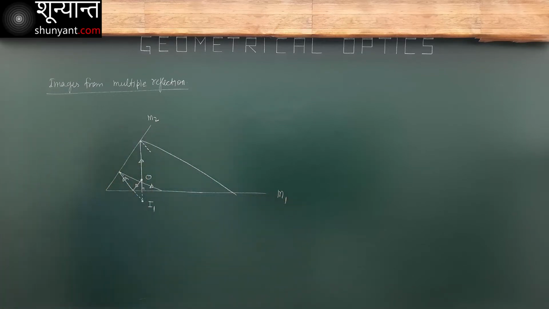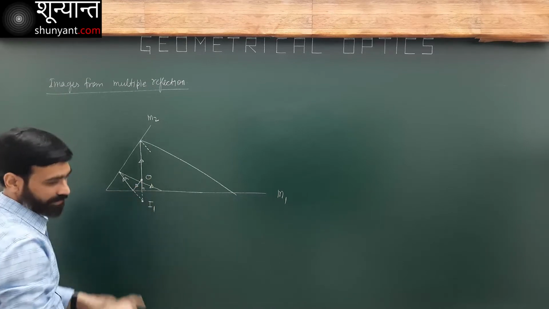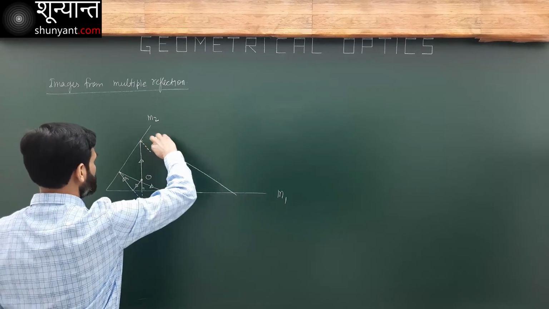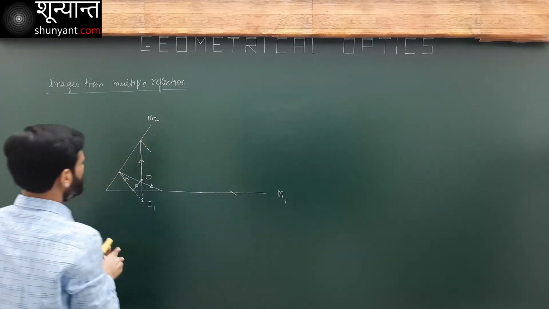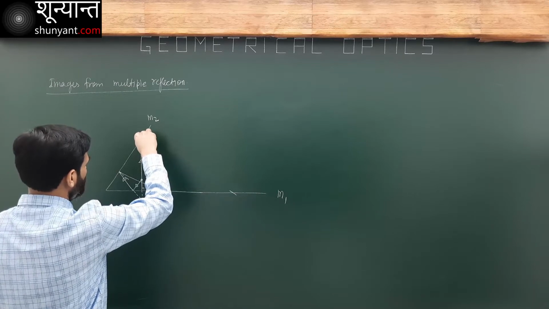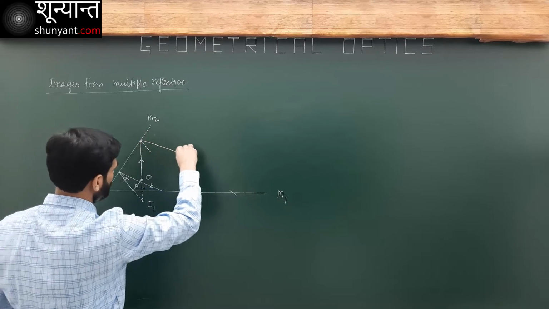Now if I extend these two reflected lights, I think this angle has to be a little more, otherwise they seem to be diverging.